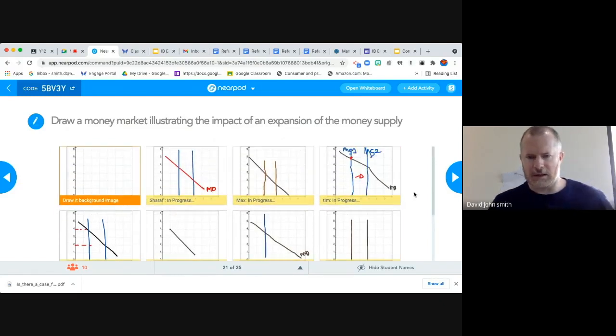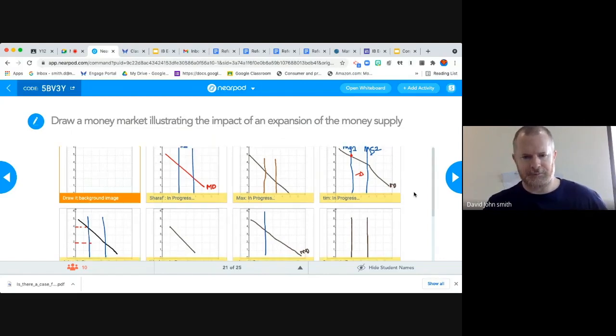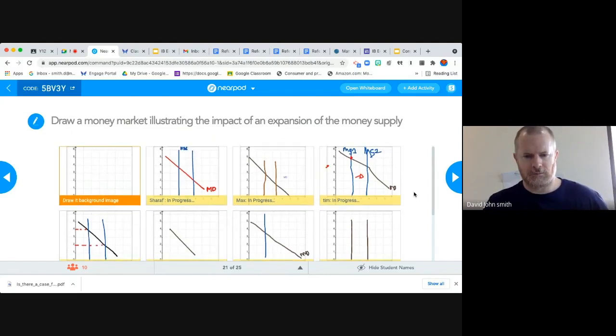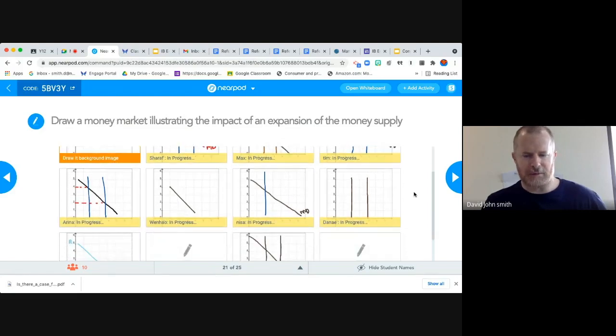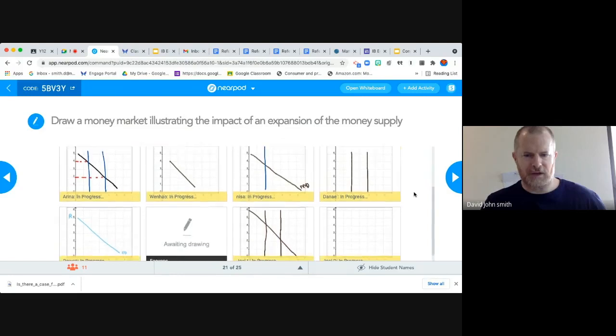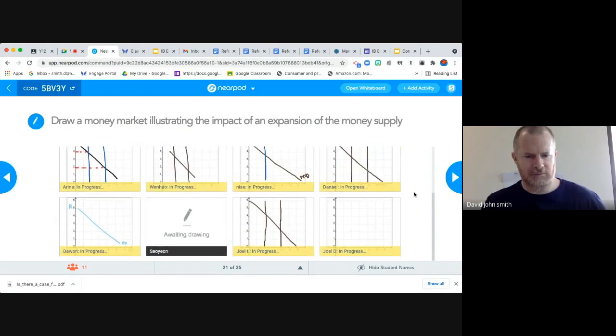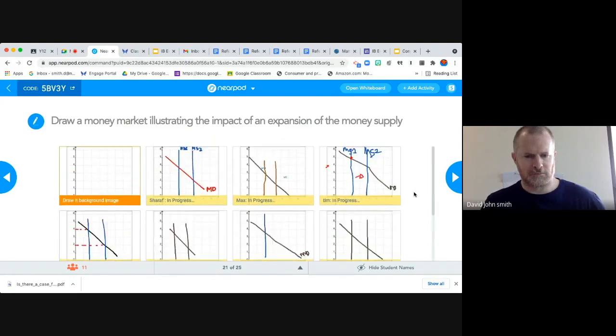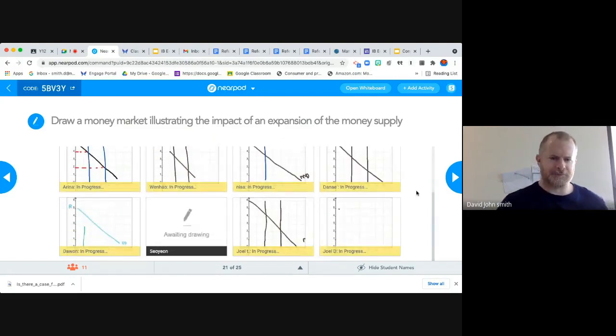Oh, we've all got it. Look at that. Brilliant. I'm looking at the labels, making sure the labels are right. Making sure you have the inelastic supply curve. Well done, team. Keep going.